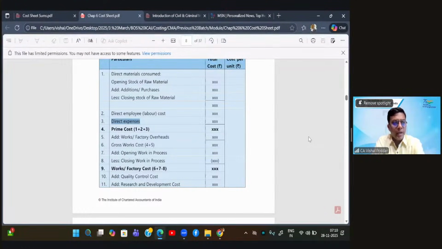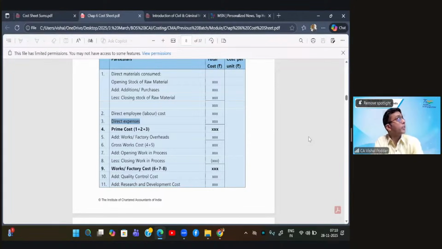So there is a direct expense associated with your product, whereby you are required to pay some amount or some percentage as a royalty on the product. And this is the direct expense.